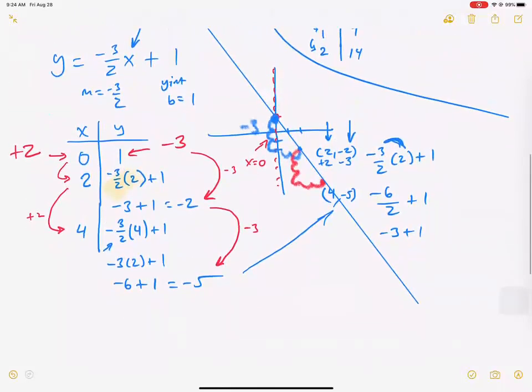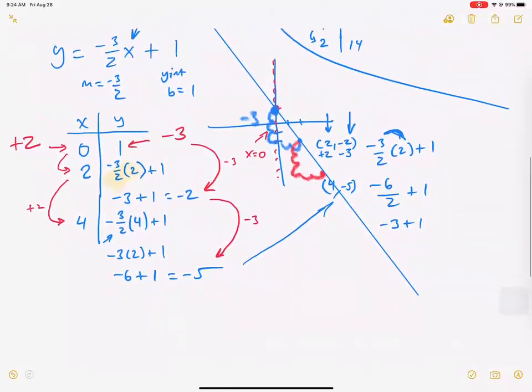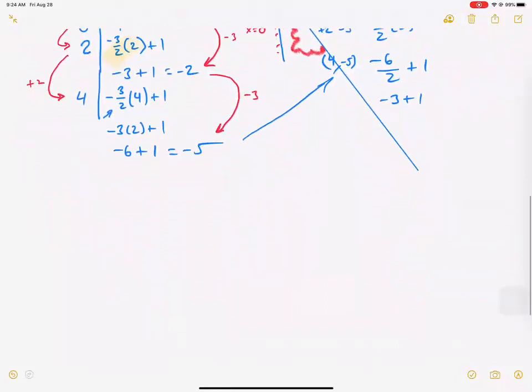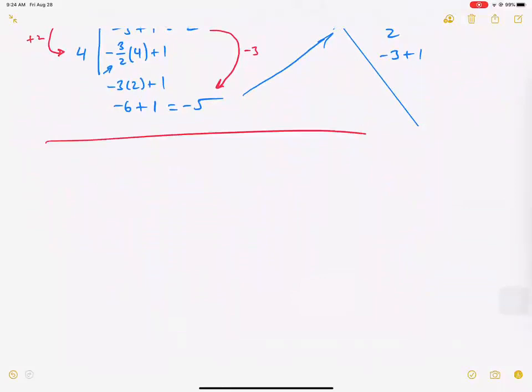Some other characteristics about this, what else can we say? Let's talk about graphing real quick. So y is equal to negative 5 over 4 times x plus 3.